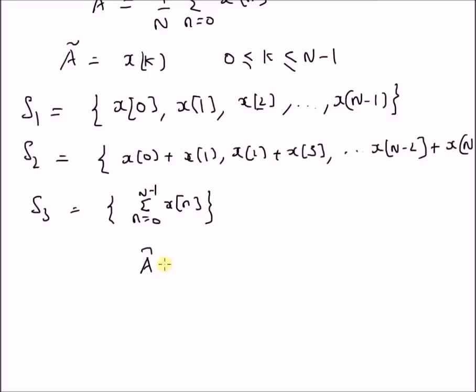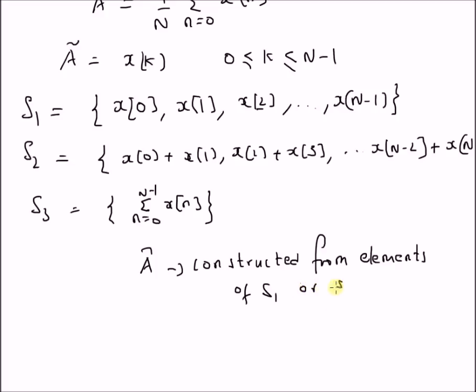So a hat can be constructed from elements of S1 or S2 or S3. So in this case, this group of elements are basically sufficient statistics for estimating the parameter a.